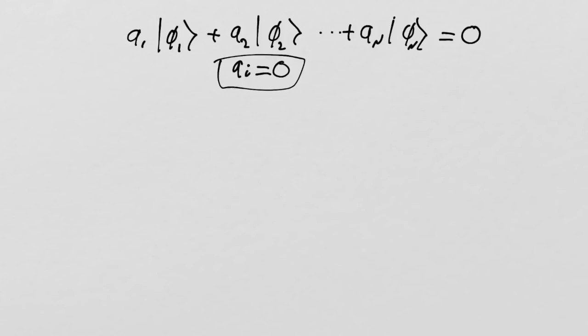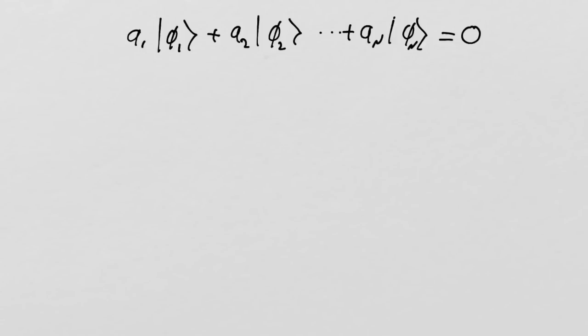What's critical to see here is that this definition of linear independence only makes sense for a finite number of basis vectors. If this was an infinite series, then saying that this is only true if a equals 0 is not a solvable problem, and it doesn't mean much.